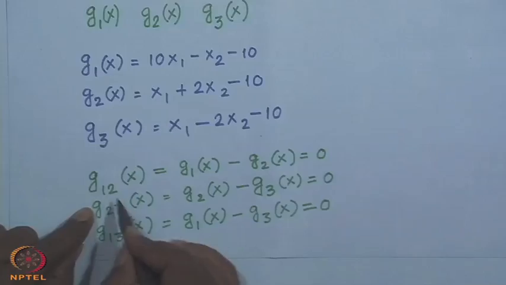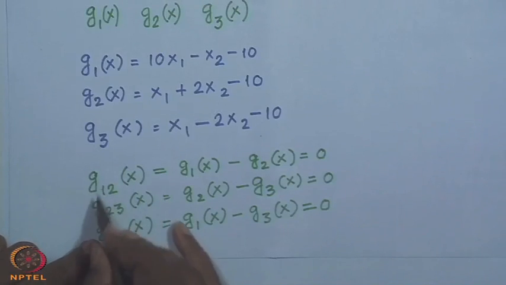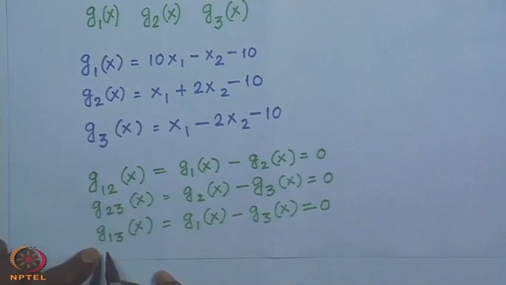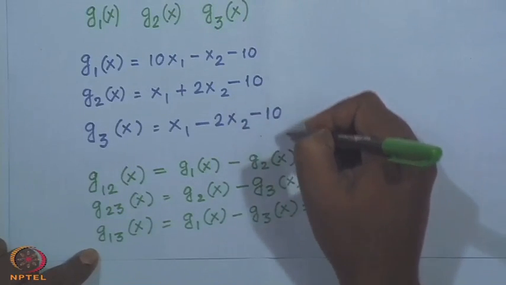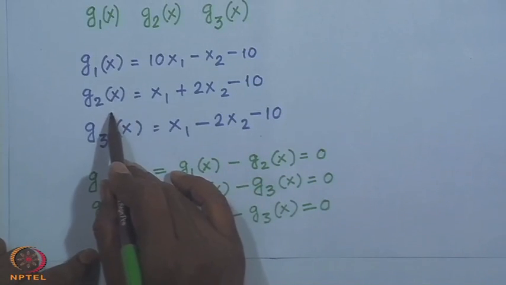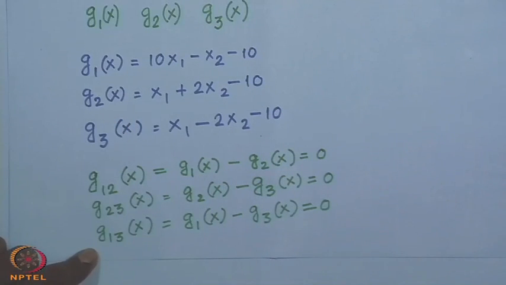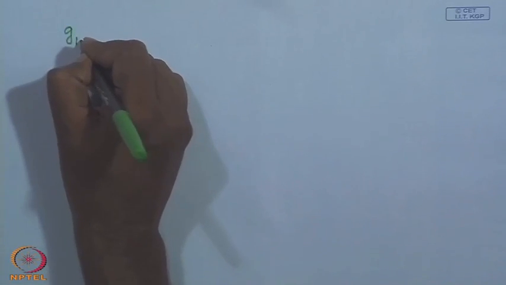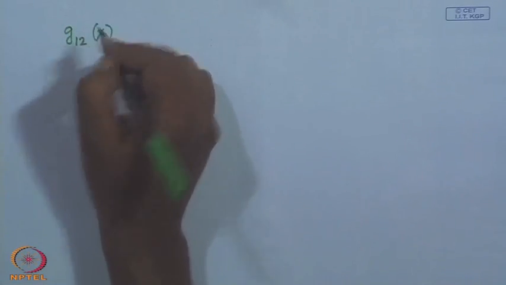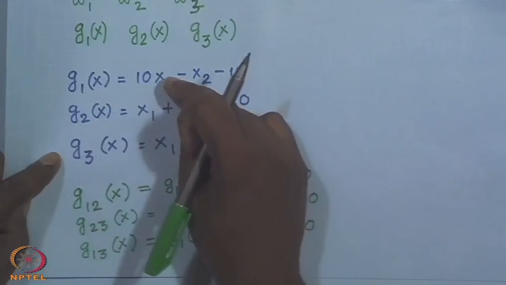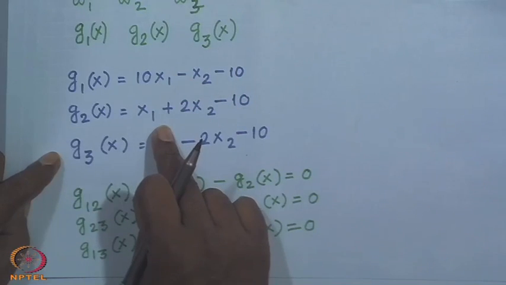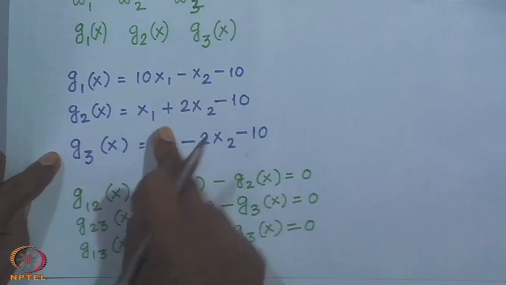Now, let us see what each of these functions g12x, g23x and g13x take, using the discriminating function values g1x, g2x and g3x. From here you find that g12x, which is nothing but g1x minus g2x, will be 9x1 minus 3x2.